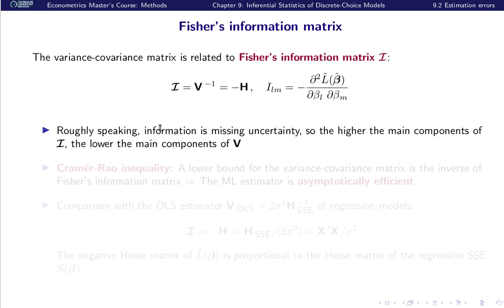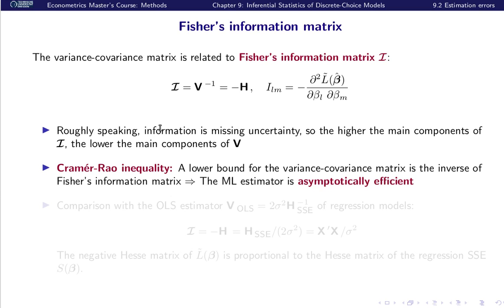And now there's an important general result that a lower bound of the variance-covariance matrix is the inverse of this Fisher's information matrix. However, in our case, we have just this Fisher's information matrix. That means the maximum likelihood estimator is asymptotically efficient.